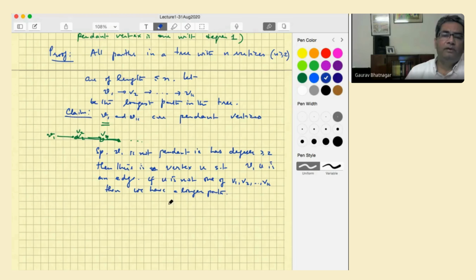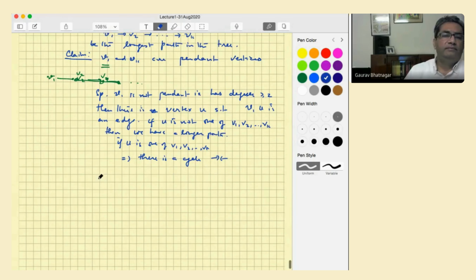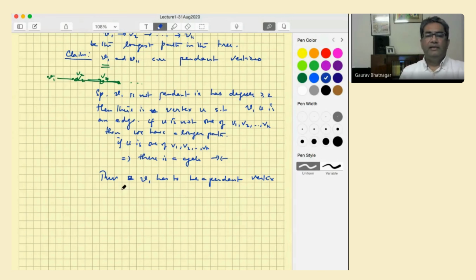So that's impossible. If u is one of v1, v2, up to vk, this means there is a cycle. So it's a contradiction. This shows that v1 has to be a pendant vertex. Similarly, vk has to be a pendant vertex.